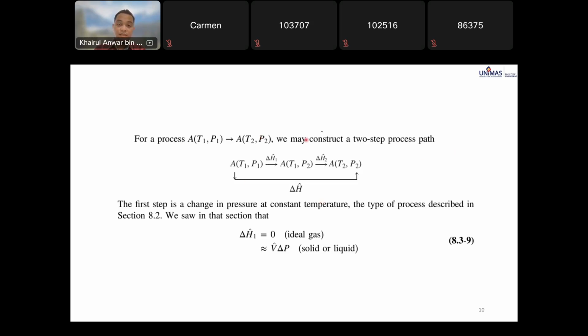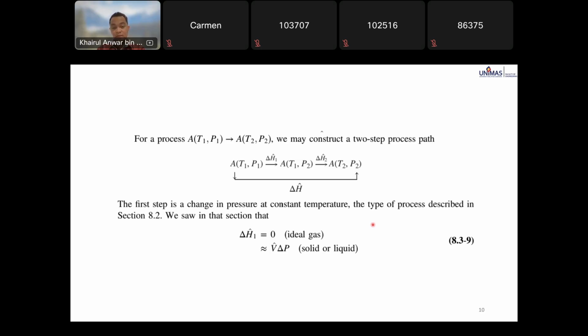Similar method, constant pressure, constant temperature, this is constant pressure. The first step is a change in pressure at constant temperature. The type of process described in section 8.2, we saw in that section that delta H1 equals 0 for ideal gas.